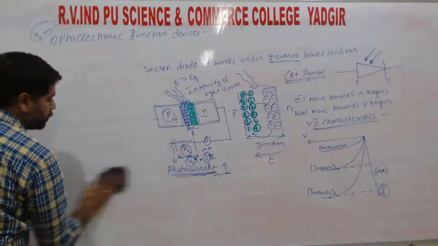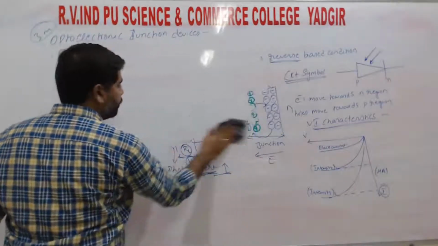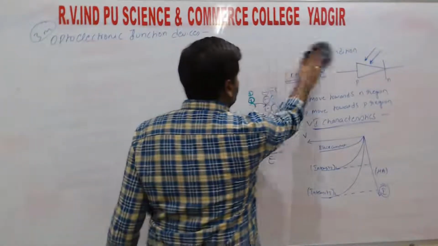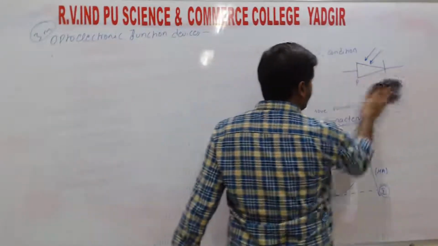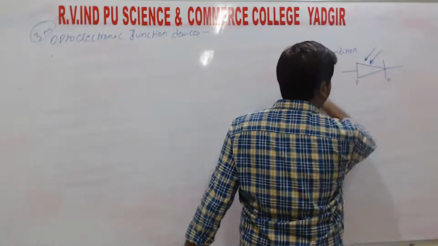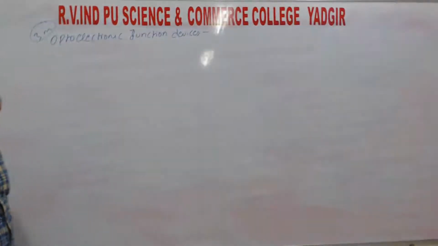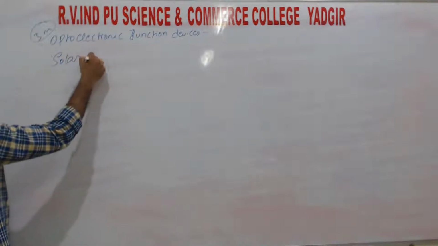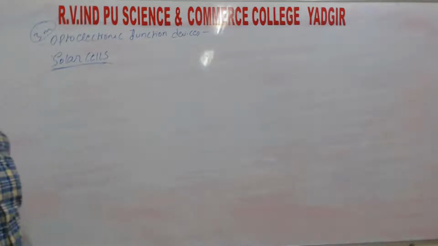Next one is solar cell. This optoelectronic junction device is the solar cell, right?